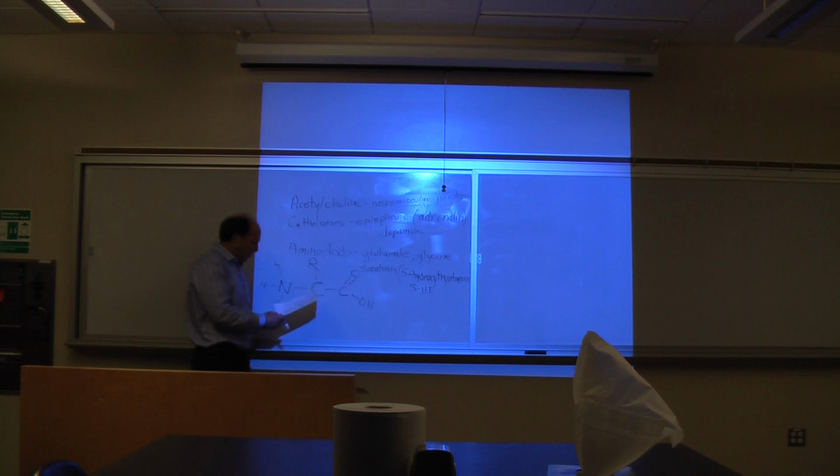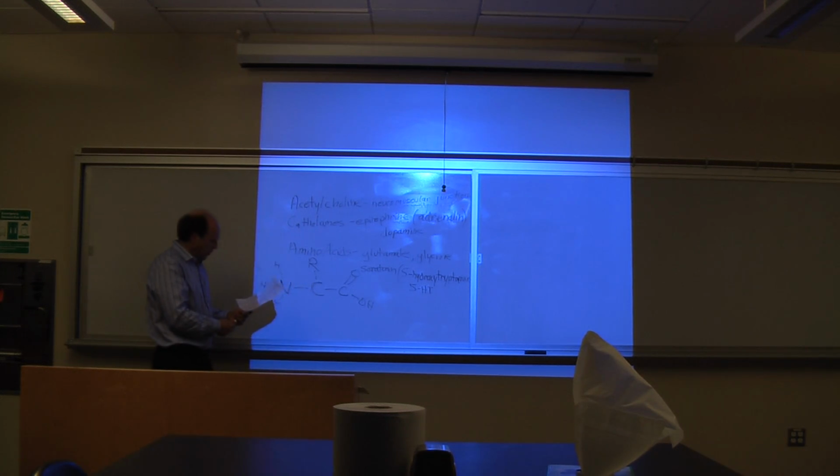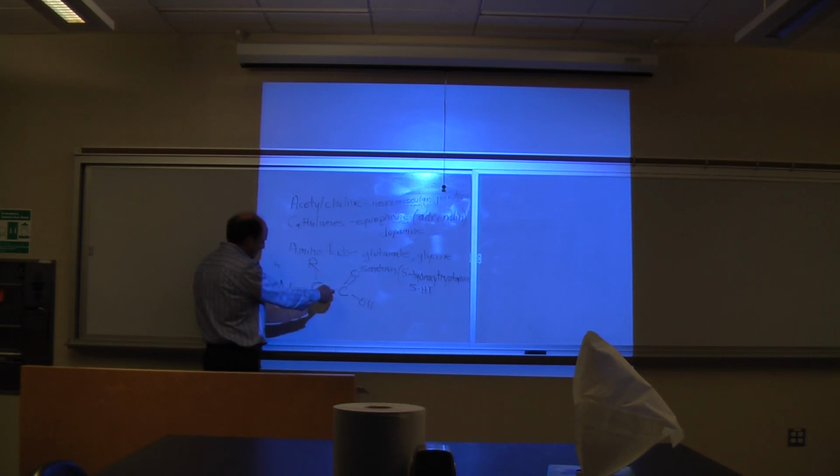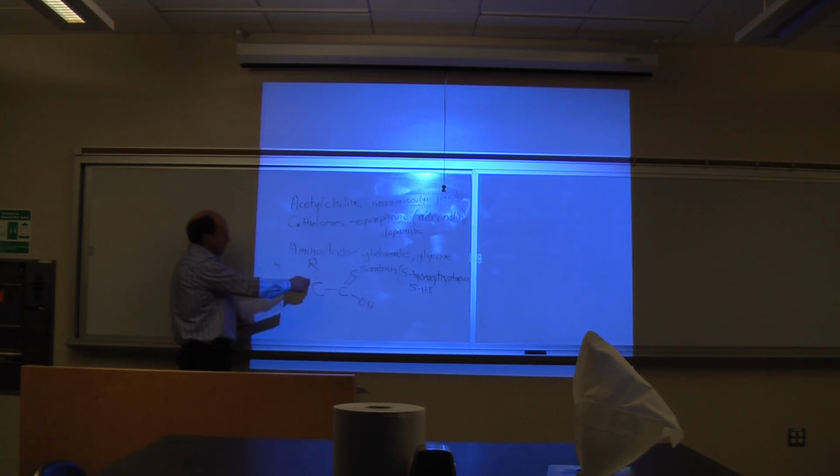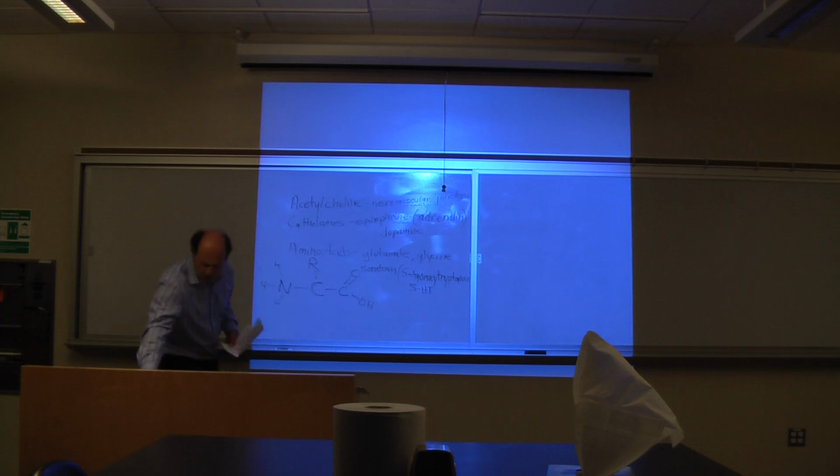So where does serotonin fit into this? Well, 5-hydroxytryptamine. Tryptamine comes from tryptophan. So what happens is that when you make these amino acid derivatives for neurotransmitters, you chop off some of it. You chop off the C terminal.